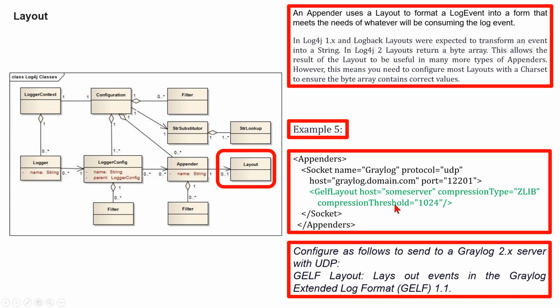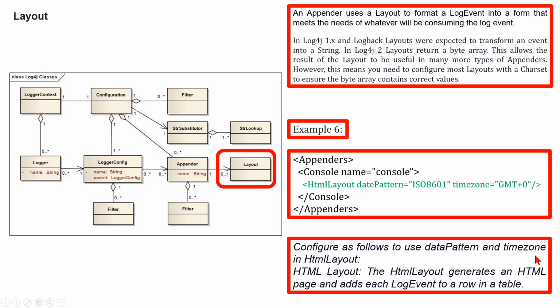And compression threshold, this is an integer, compress if data is larger than this number of bytes, optional, defaults to 1024. As an example, configure as follows to use date pattern and time zone.